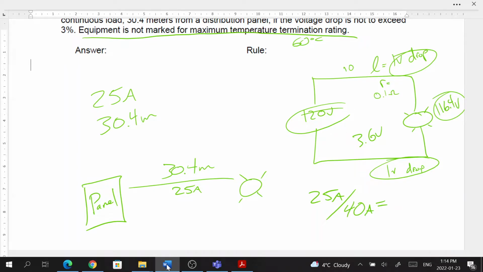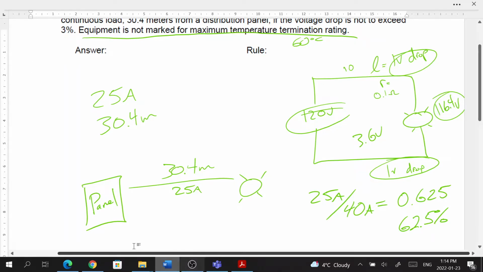So 25 divided by 40 is going to give us 0.625 or 62.5%. So we've only loaded up that number 8 to 62.5% of what it's capable of.